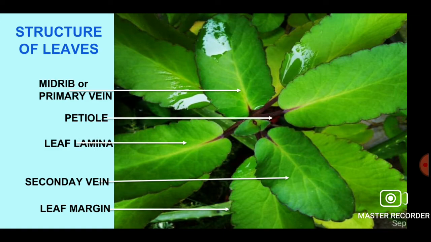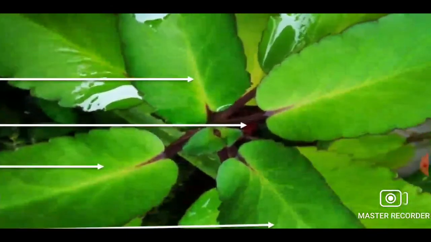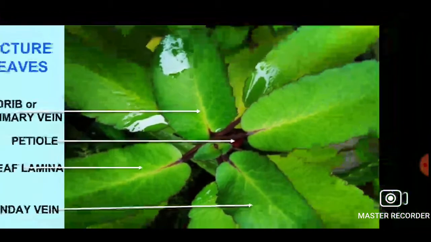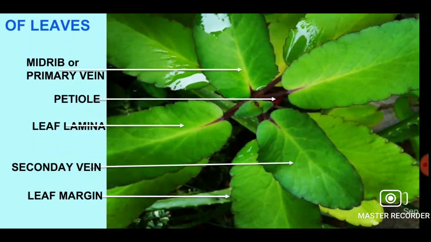So we will start with the stalk that connects the leaves with the stem or the branches. So these stalks are known as the petiole of the leaf. The petiole connects the leaf blade to the stem or the branches. Now after petiole, we move on to study the leaf lamina. Now what is leaf lamina?